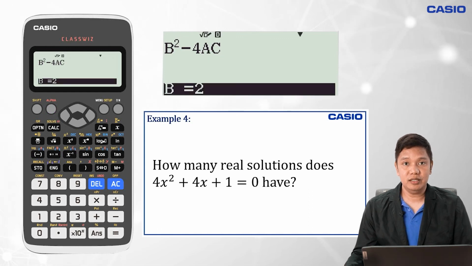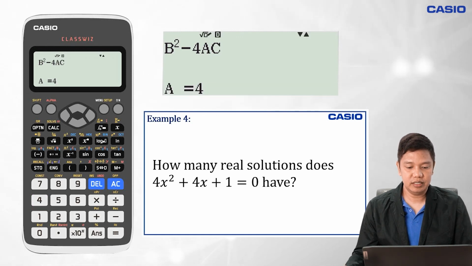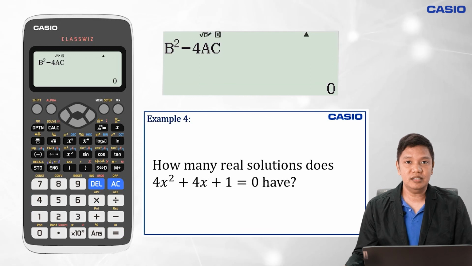Pressing calculate, we need to enter again the numerical coefficients of a, b, and c. For the value of b, we have 4, and then for a, we have 4, and then for c, we have 1. Pressing equals, we have the discriminant equal to 0. Since the discriminant is 0, we can say that the roots are real, rational, and equal. Therefore, we only have one real root for the given equation.